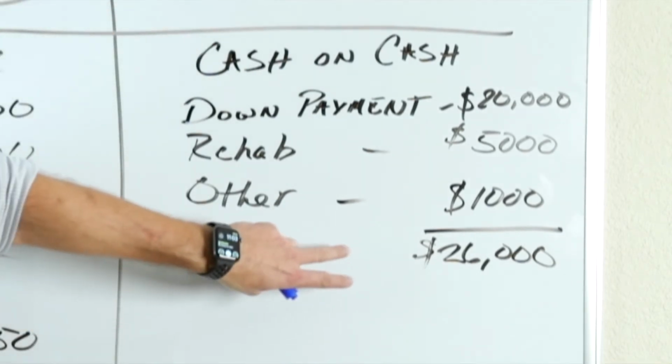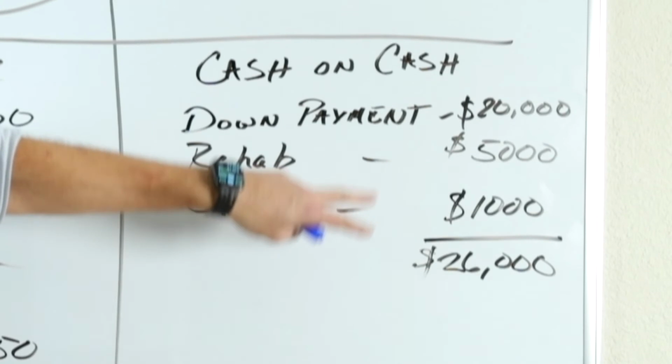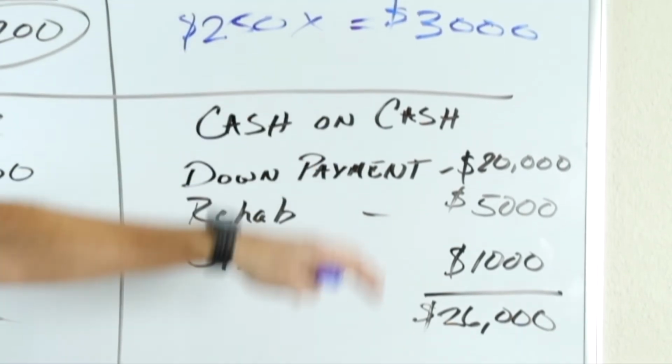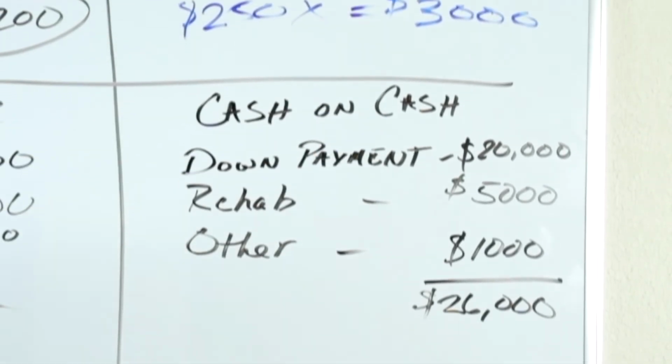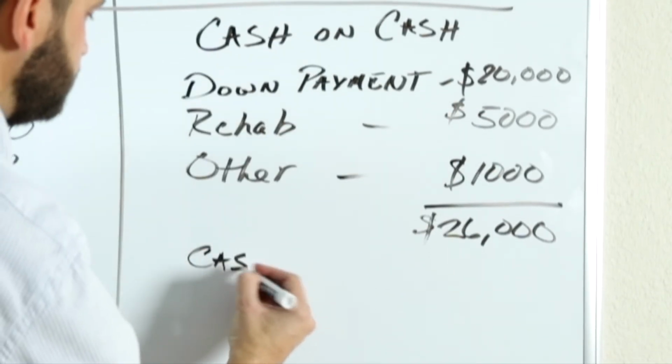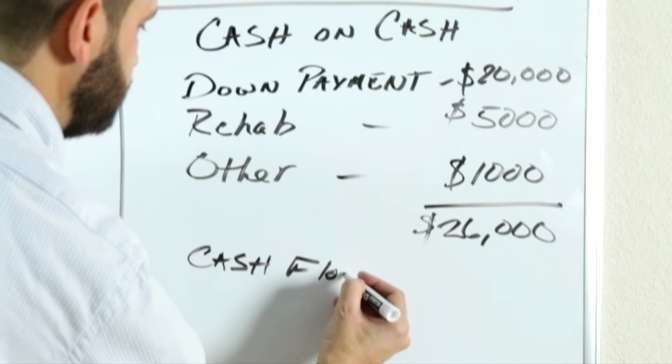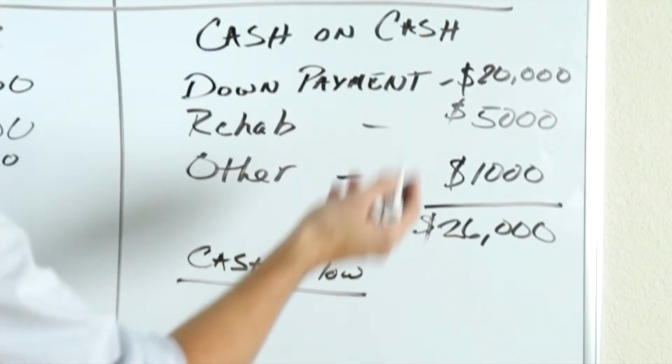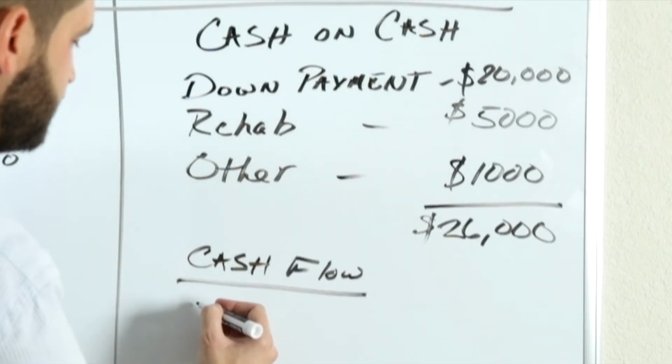And at this $26,000, is it worth what I've already invested at the $3,000? So I have to come down here, take my cash flow, and divide that by my total investment.